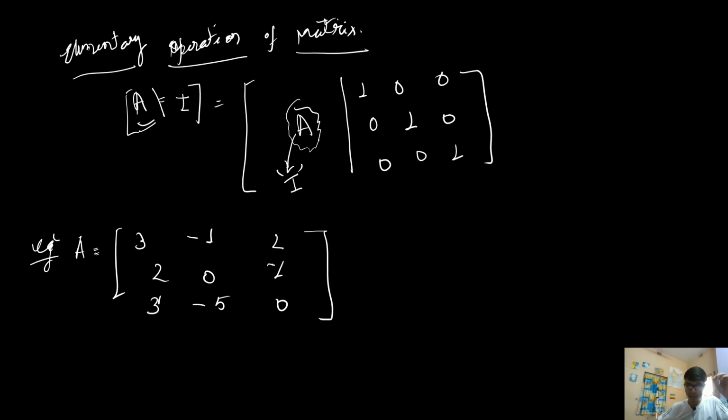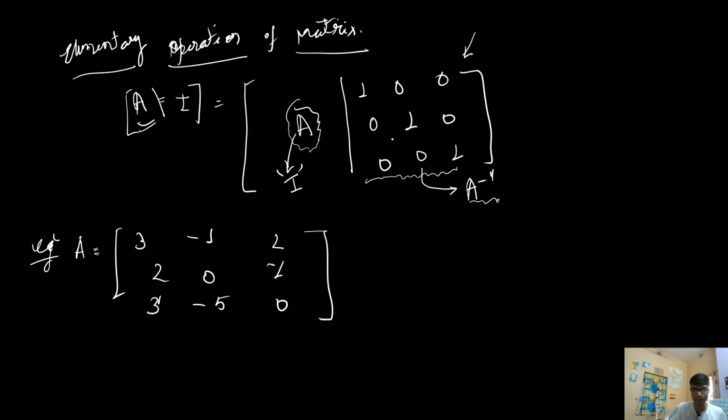While doing so, whatever steps you apply on A, you go on applying the same steps on this identity matrix. Then you will see that the identity matrix transforms into A inverse. So this is what we have to do.